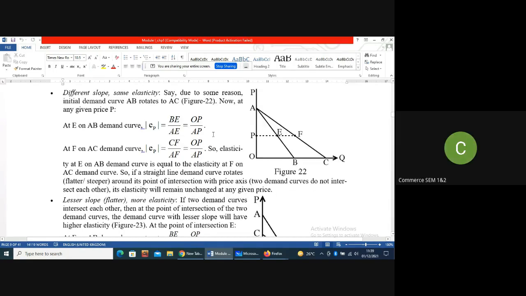Next, we have different slope of the demand curve. Now we have two demand curves, AB and AC. Both the demand curves are starting from this point A, where it's originating from the vertical axis.